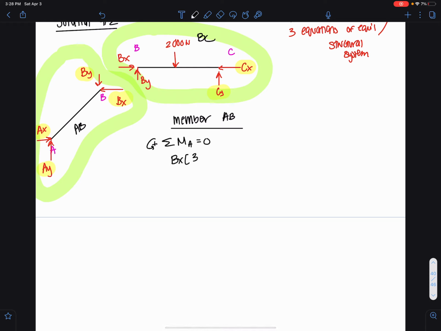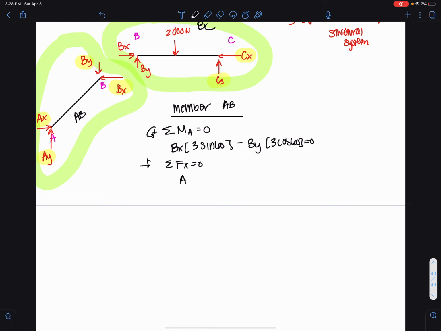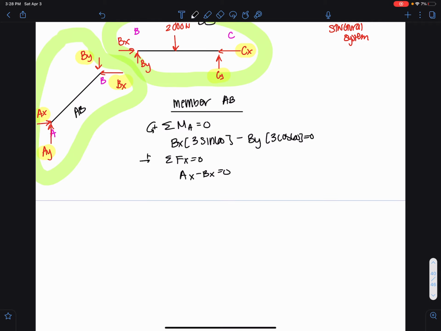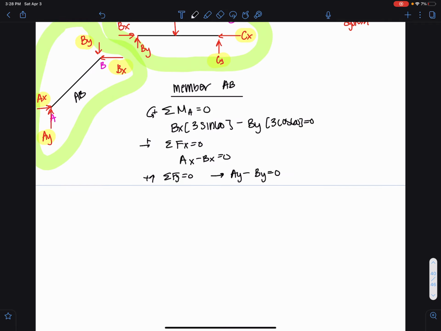It shouldn't take too much time if you are getting the hang of these summations and you've been following along throughout the rest of the class. These should be really quick now. Okay, that's one equation. Summation of Fx equals 0. This should be getting really monotonous for everybody. I'm just going to go through and get all the equations down, and then we'll worry about solving them using algebra. And that's all I can do for AB.